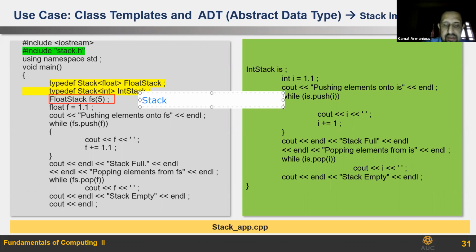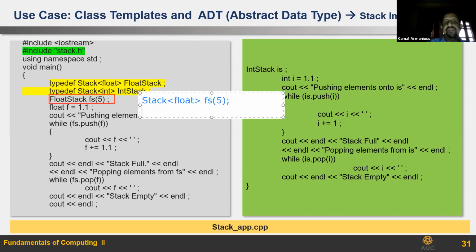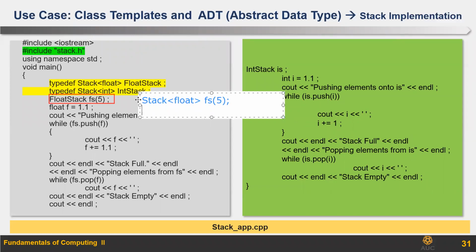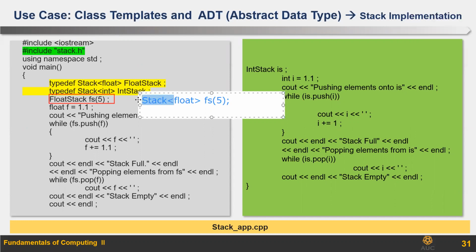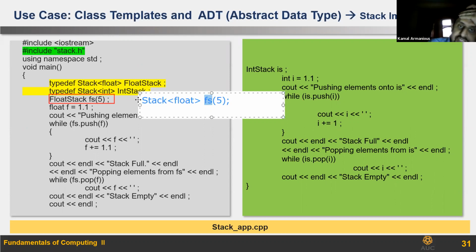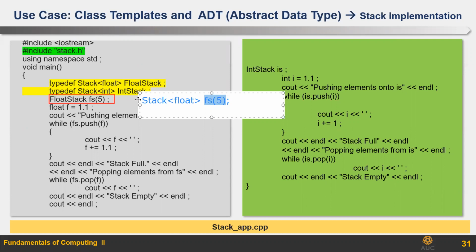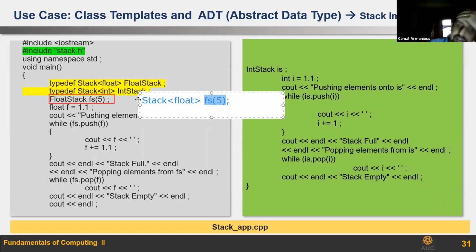Stack of float. fs of 5, what does this mean? fs is the object, and stack is a class. It means that an object fs is declared, of type stack.